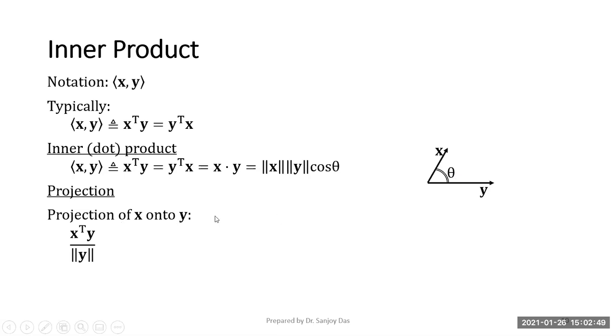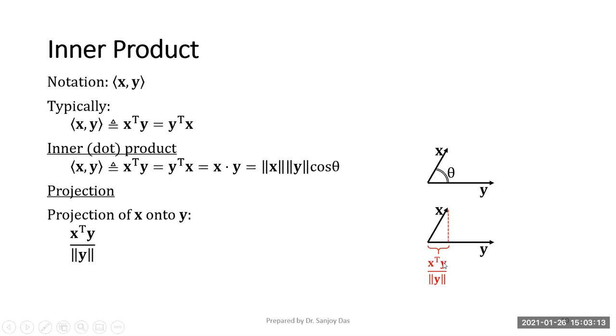Projection of x onto y. This is the graphical illustration of the projection. It's x transpose y divided by length of y. What's y divided by length of y? It's a unit vector along the direction of y, correct?